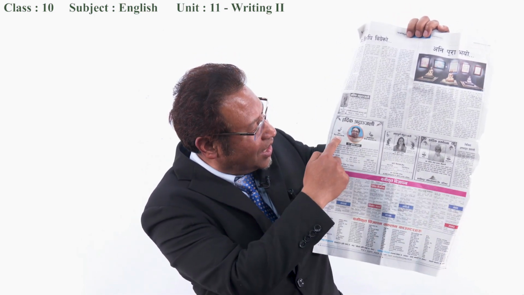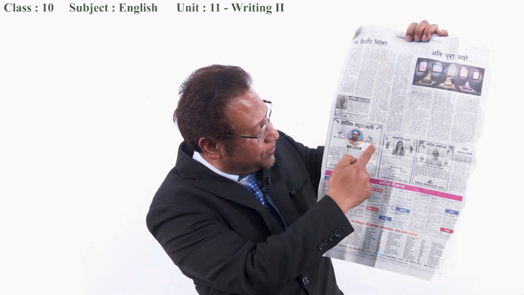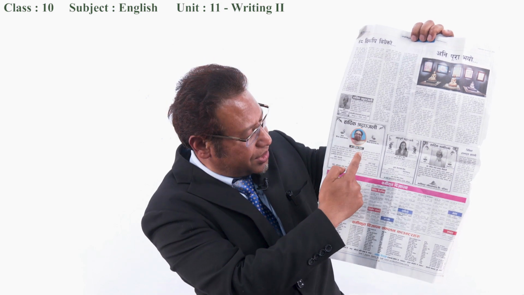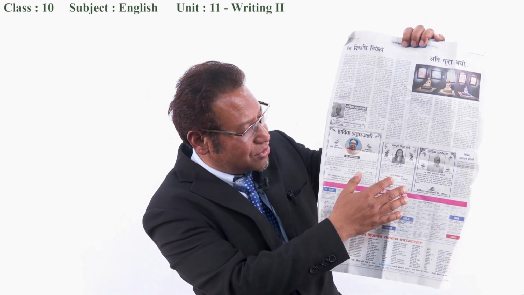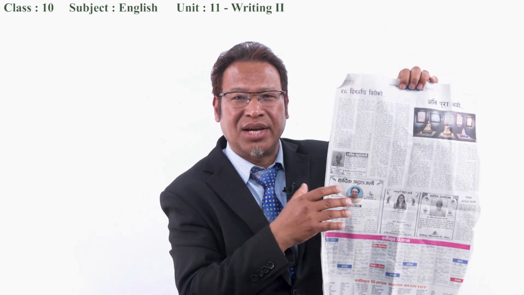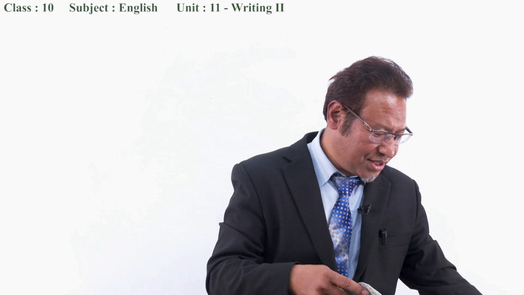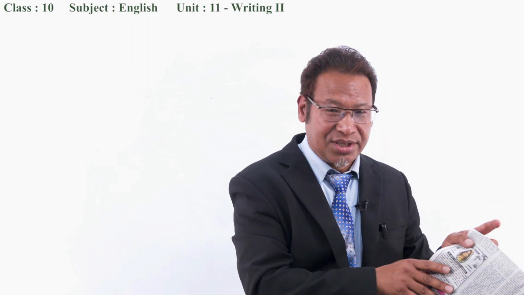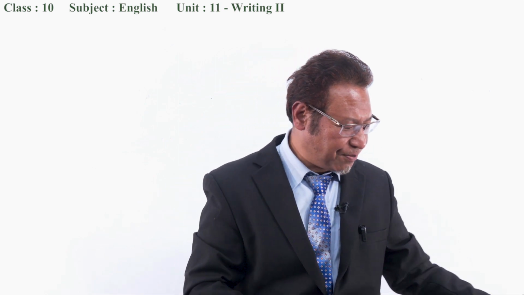Look at the photo, the date of birth, the date of death, the person who has died, the text, and who has given the condolence. These things are published in the newspapers, and you can see them everywhere.